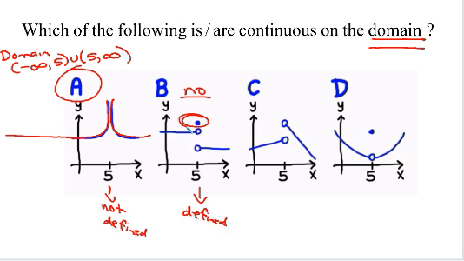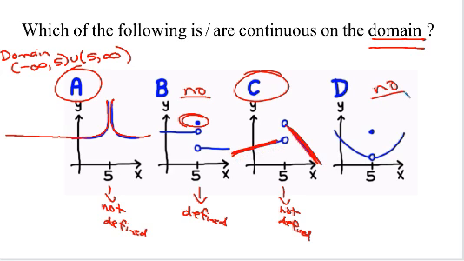That one is not continuous on its domain. Letter C is continuous on its domain. Notice, it is not defined at 5, and everywhere else that it is defined, it is continuous. And letter D would also be a no, because it is defined everywhere, but we've got this little situation right here.